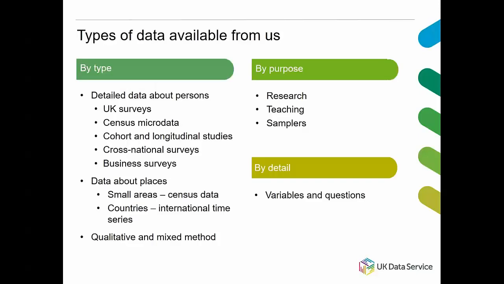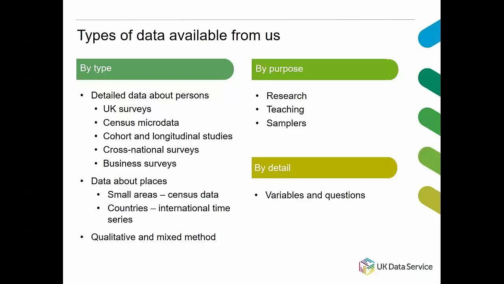So let's begin. There are several ways our data can be categorized. One of the ways is to group it by type. We hold a wide range of microdata based on studies that collect information about people at a household level. Examples of such data are UK surveys, census microdata, cohort and longitudinal studies, cross-national surveys, and business surveys.